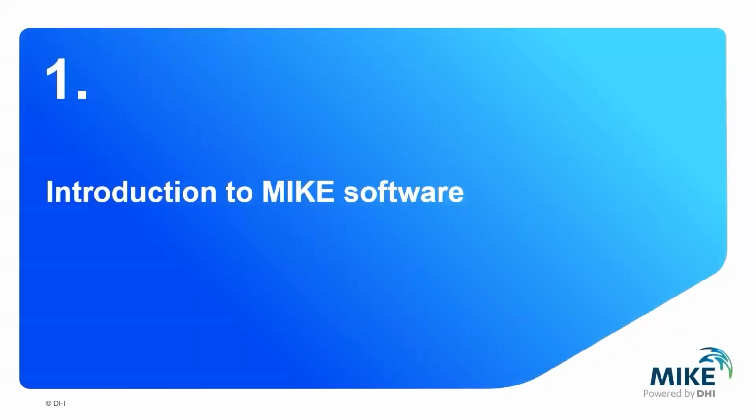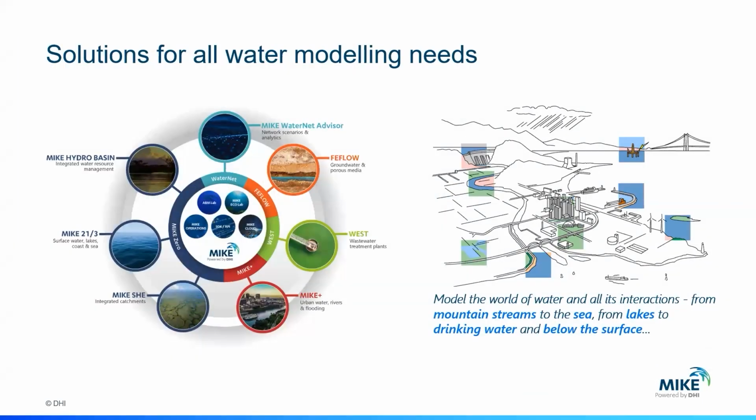First, let me start with a very short introduction to our Mike software and DHI itself. DHI has a history of more than 50 years in dealing with water issues. For a long time there was a need for developing specific software, so DHI started developing and implementing its own hydraulic modeling software.